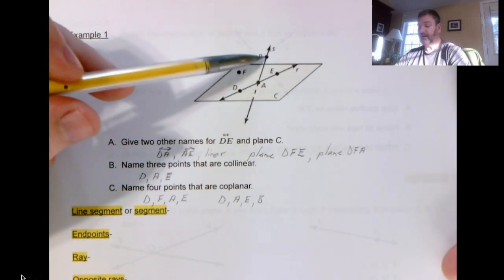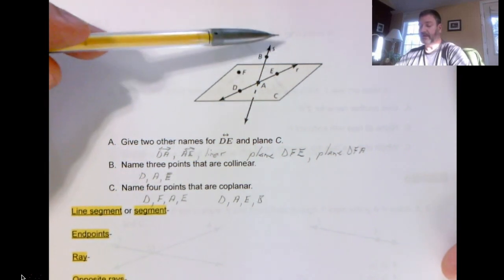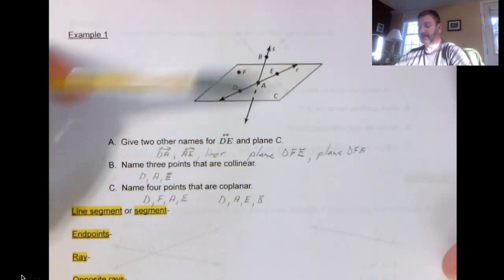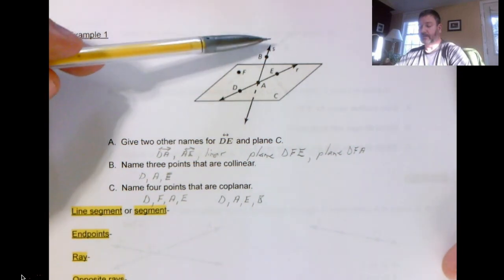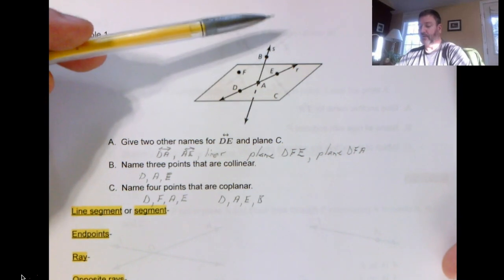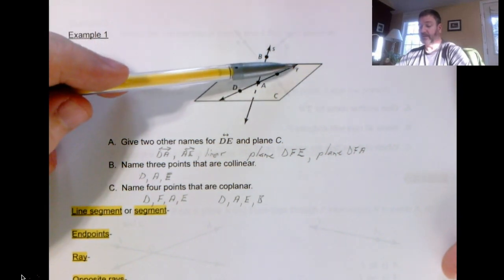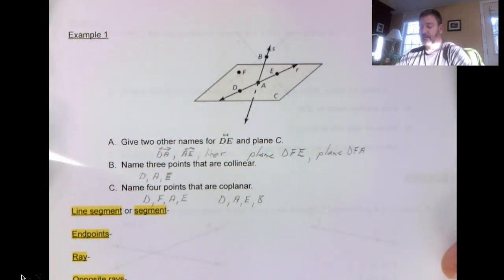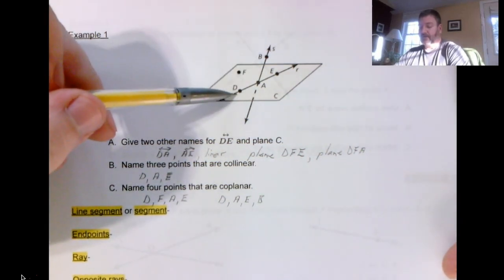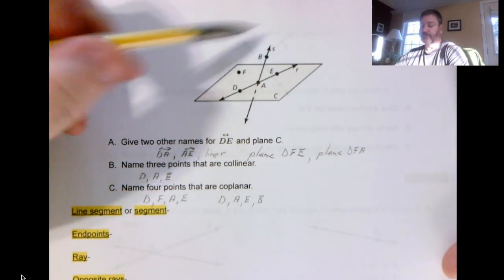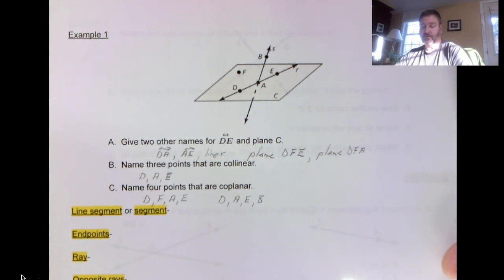D, A, E, and B are going to all be contained in the same plane that contains line S and line R. So there's another plane in this three-dimensional picture that's going through plane C. It intersects plane C at line R, and it also contains line S. Anytime you have collinear points and a point not on that line, there is one plane that's going to contain those 4 points. So there's example 1.